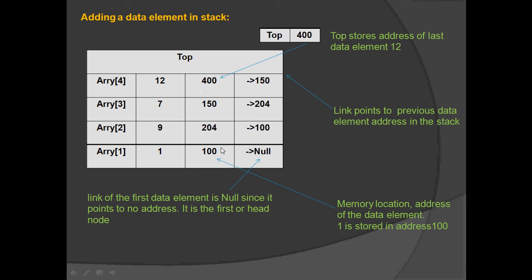Here I have drawn another block diagram. Here I've included the address of where each data is stored, the memory location address of the data element. Suppose 1 is stored in address 100, 9 is stored in address 204, 7 is stored in address 150, and 12 is stored in address 400.